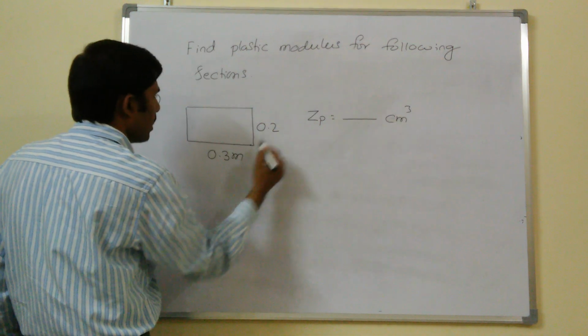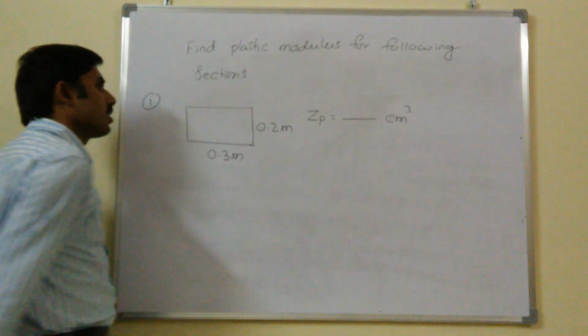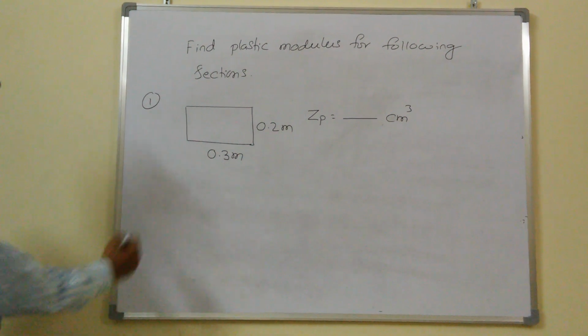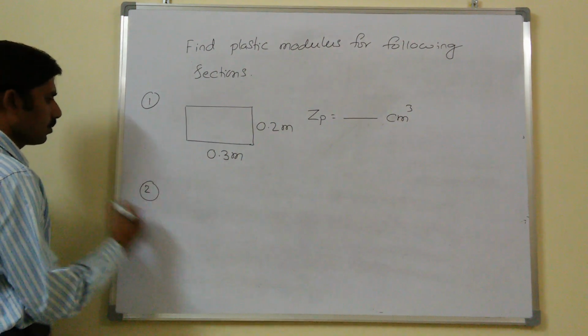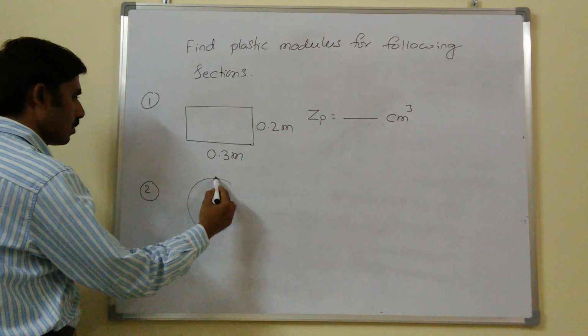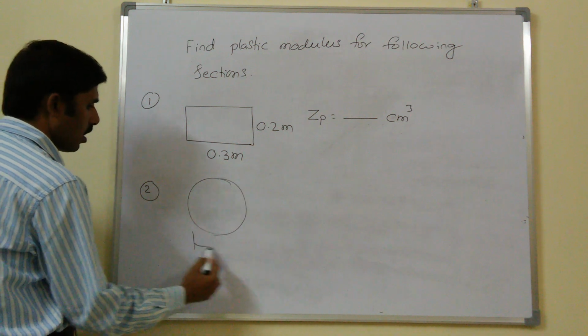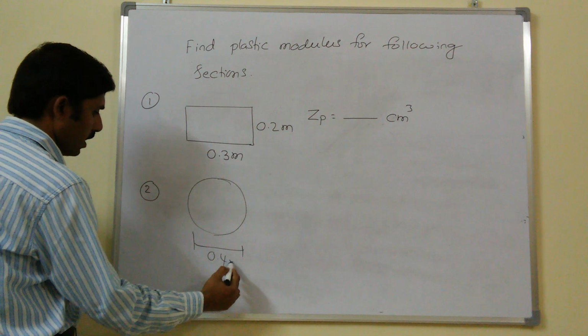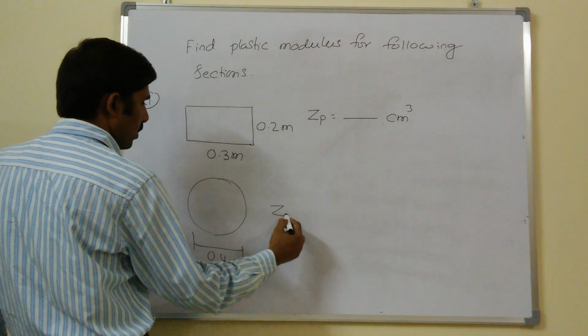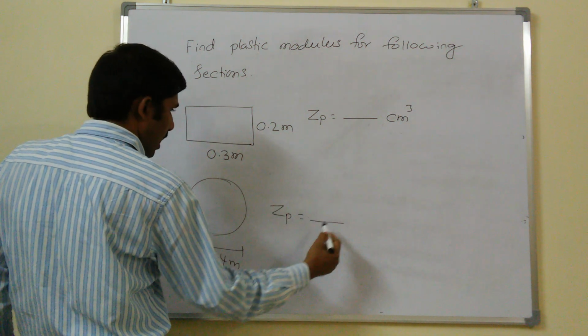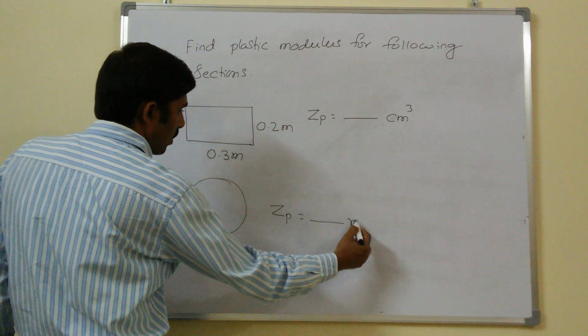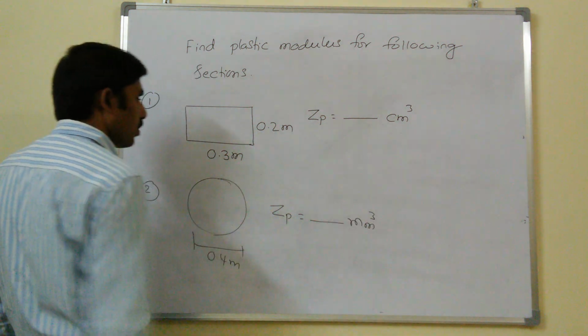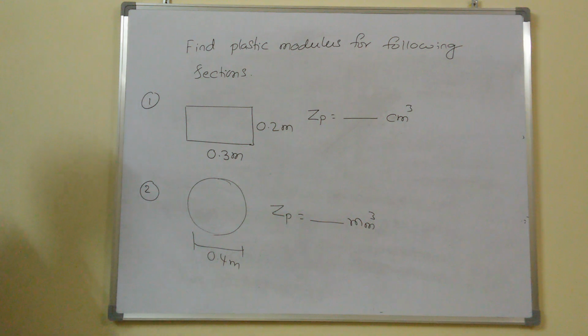This is 0.3 meters, 0.2 meters. ZP how many centimeter cube? Second problem: circle of diameter 0.4 meter. ZP dash millimeter cube.